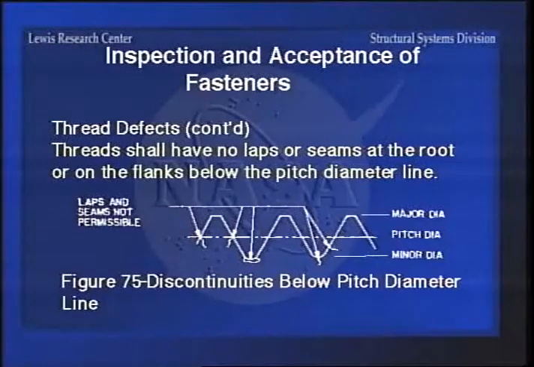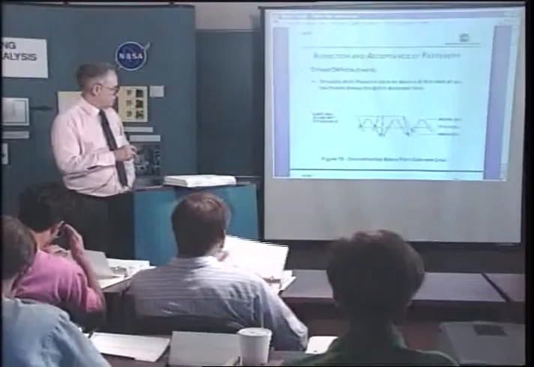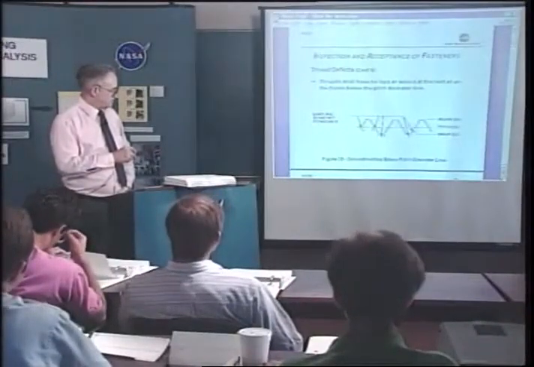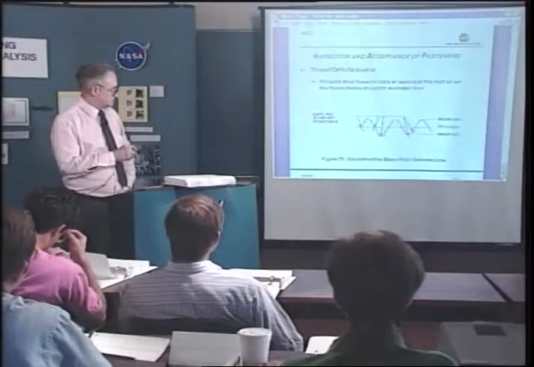Now, here's one of the things. Thread should have no laps or seams at the root or the flanks of the thread. Here's the root, here's the flank. In general, what you're saying is any defects below the pitch diameter, because you're loading this part of the thread a lot more than you are this part.